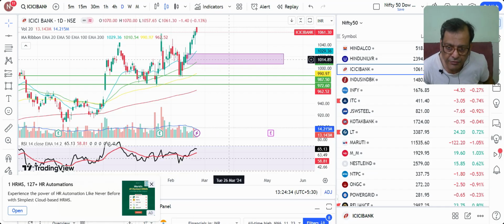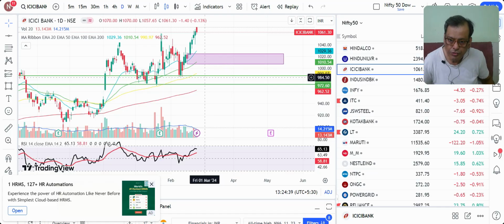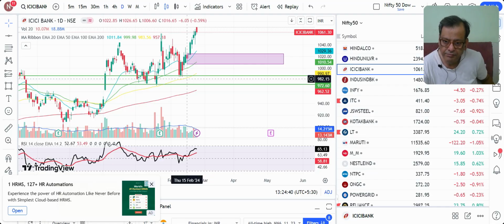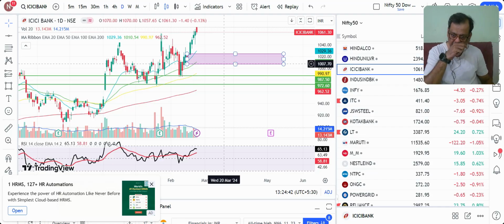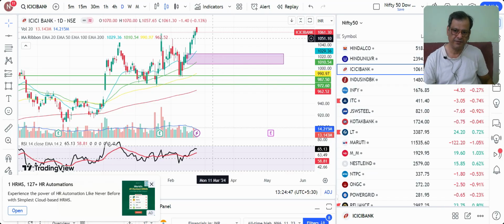And remember, I've drawn this to the lowest wick of the base, so there could be orders lying unfulfilled here. So if the price comes here, you may get a spike and prices will rise again.